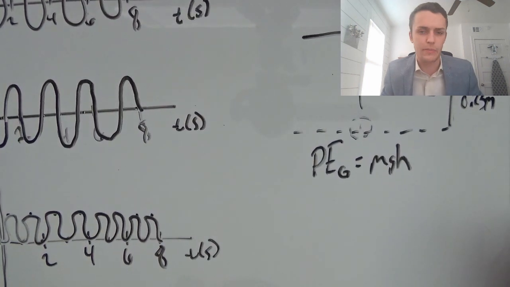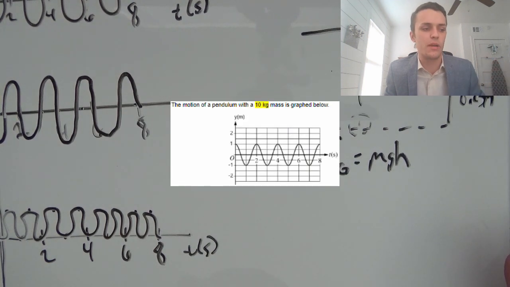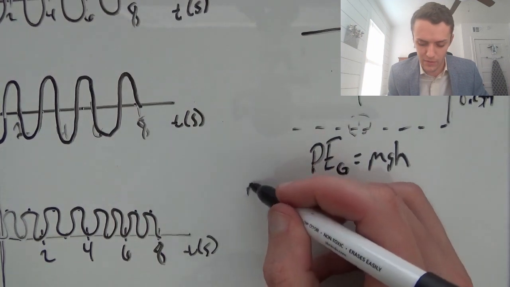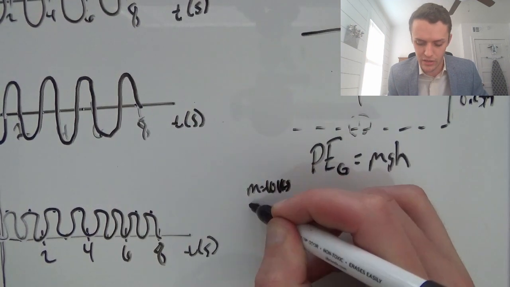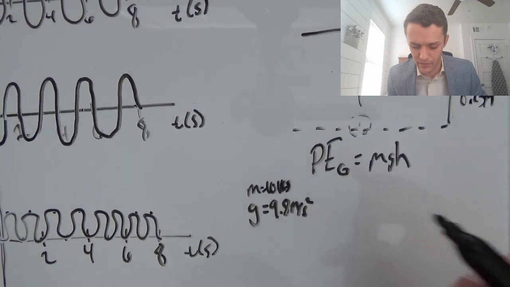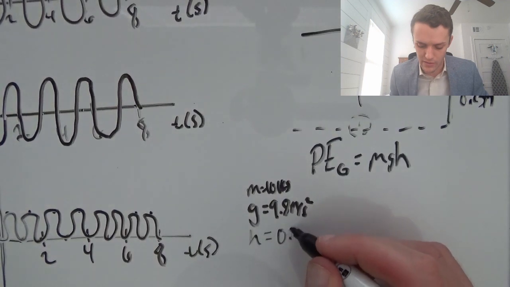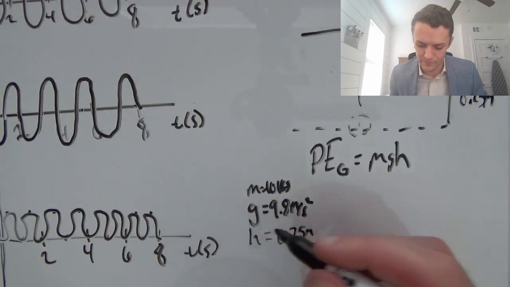So let's look back at the problem to see if we have m, g, and h. Yes, we have m. The initial problem statement says the motion of the pendulum with a 10 kilogram mass is graphed below. So our mass, m, is 10 kilograms. g is just acceleration due to gravity, positive 9.8. And our height is that initial height that we're pulled back to. h is 0.25 meters.